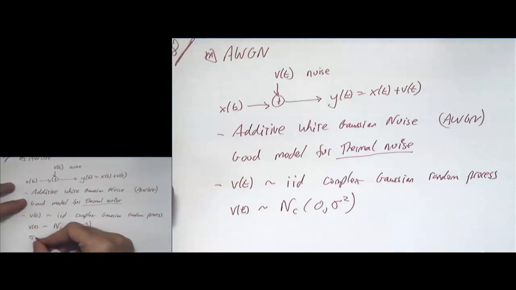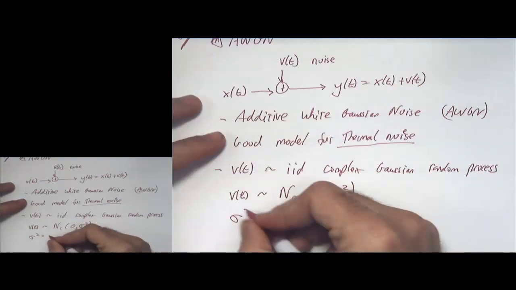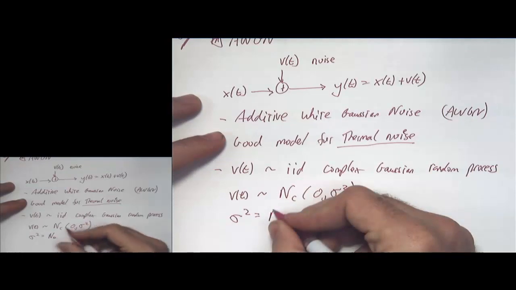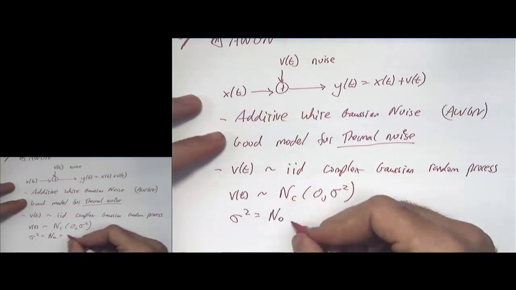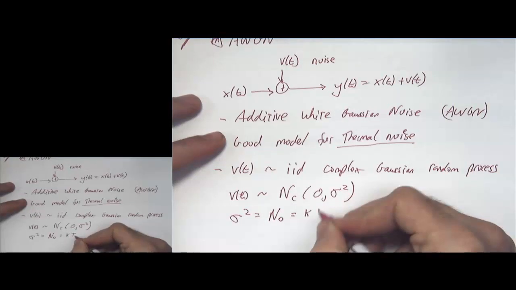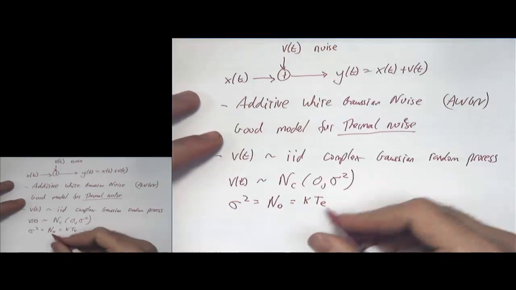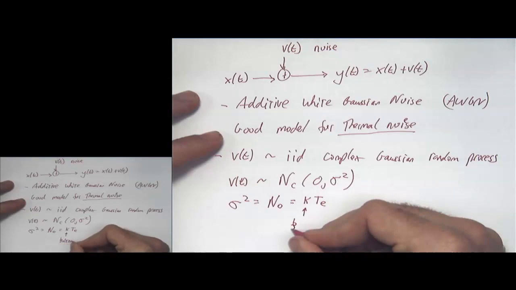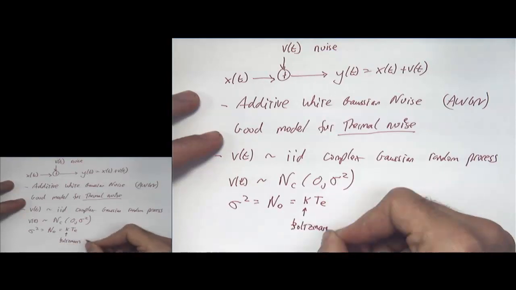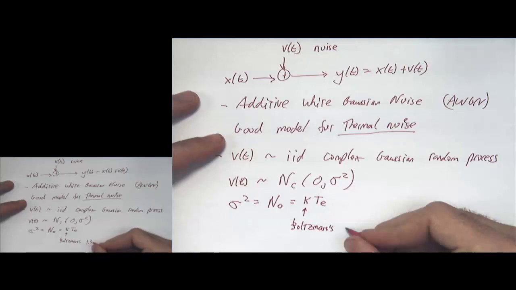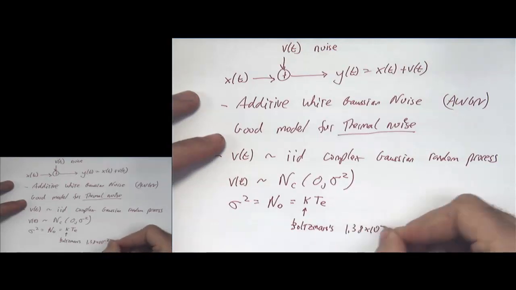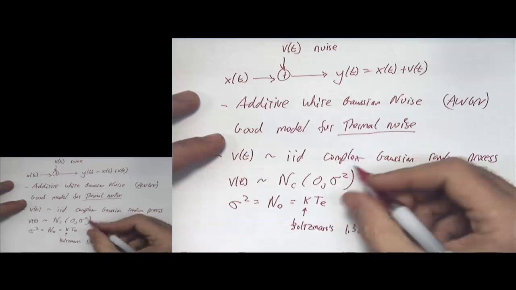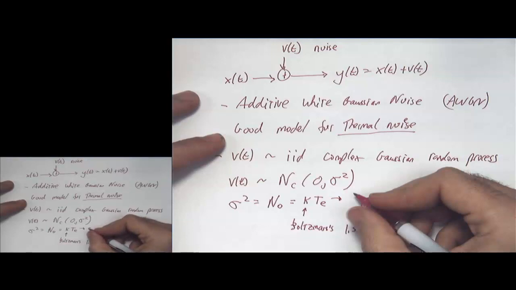For thermal noise, sigma squared is equal to N naught, which is equal to k times T_e. Here k is Boltzmann's constant, 1.38 times 10 to the minus 23 joules per Kelvin, and T_e is the effective noise temperature of the device.